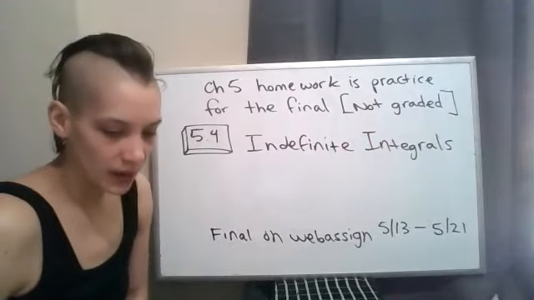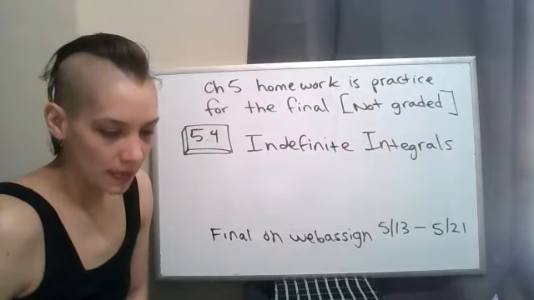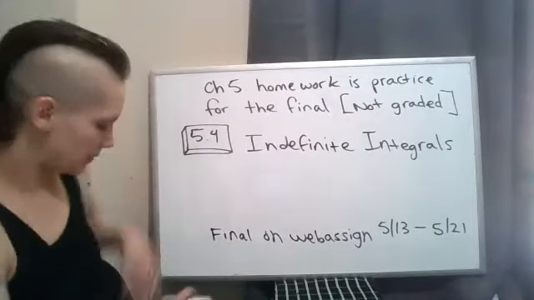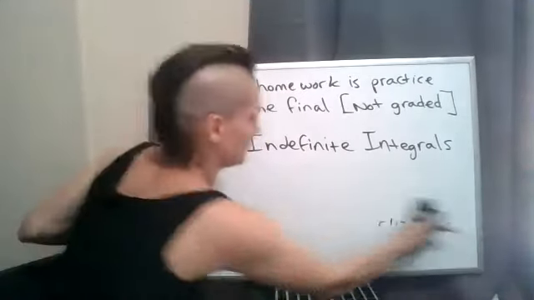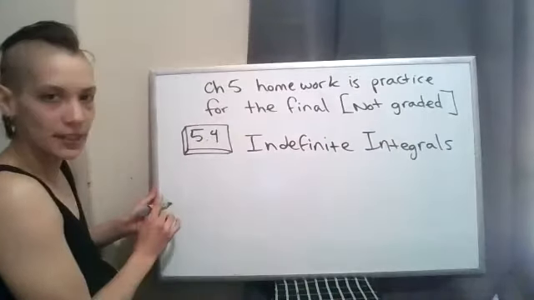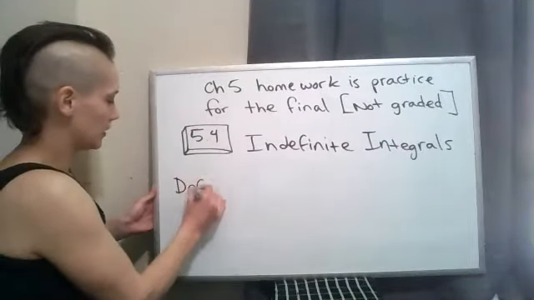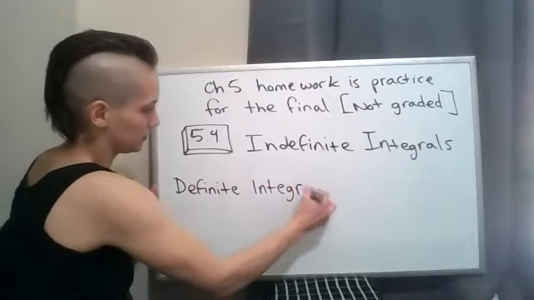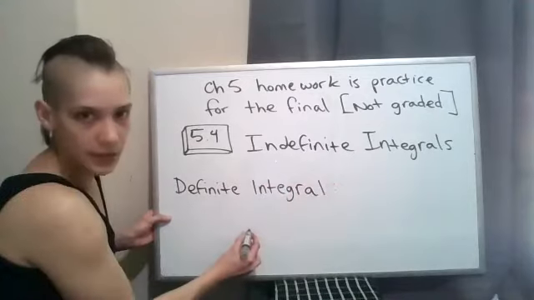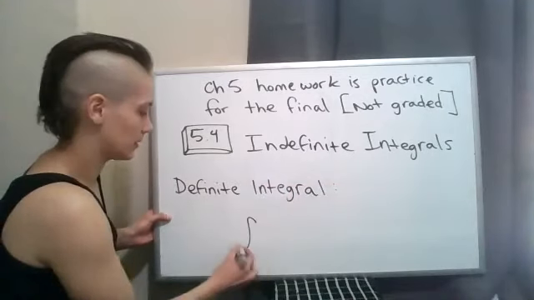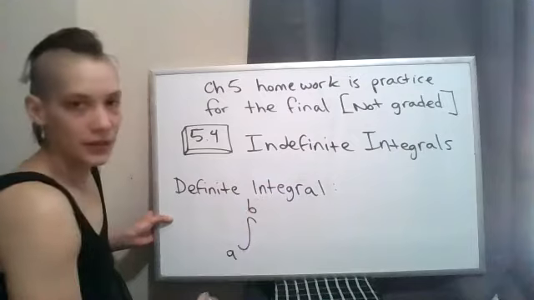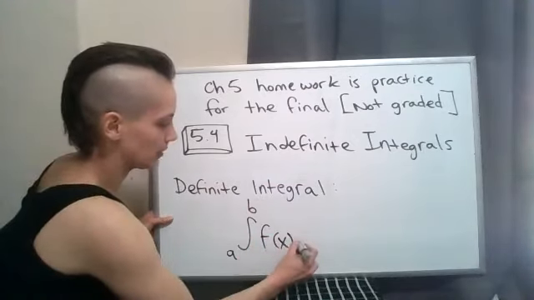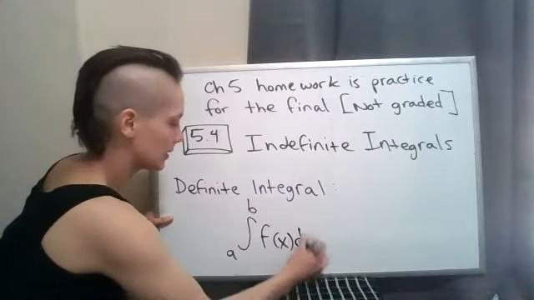So we've got a definite integral we've already gone over before. We'll restate this one. So for a definite integral, you integrate from a to b your function, we'll call it f of x, and integrate with respect to x. So we say dx.